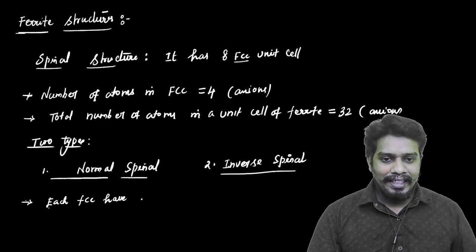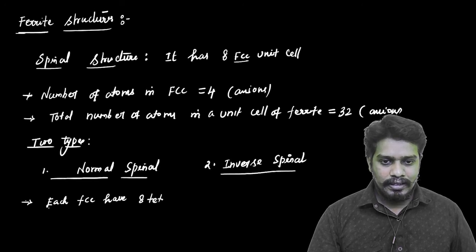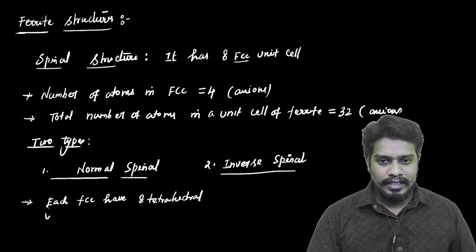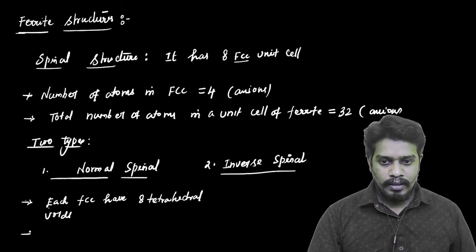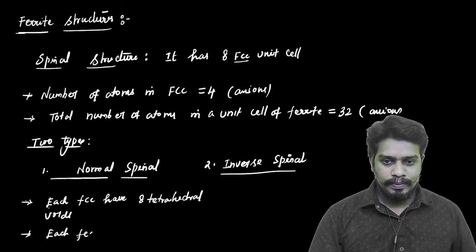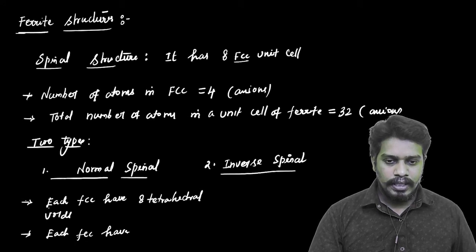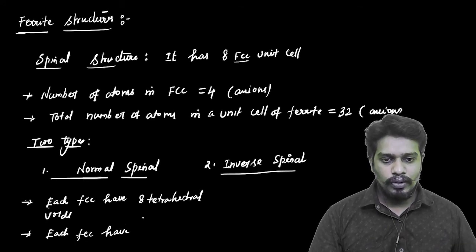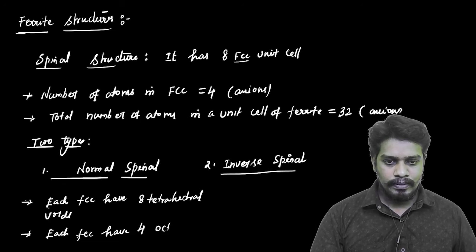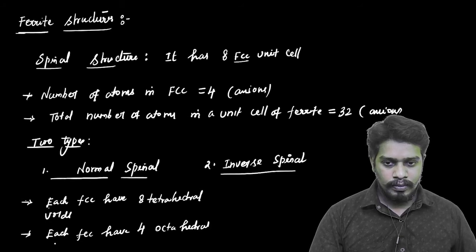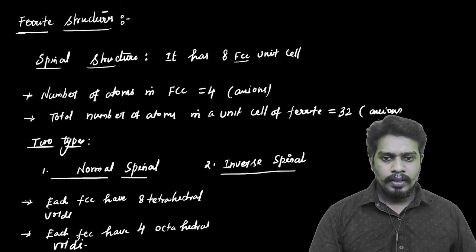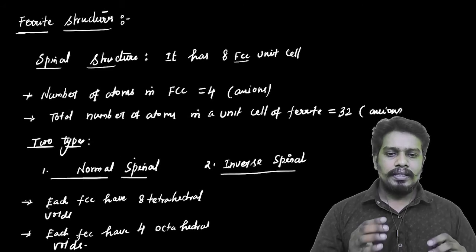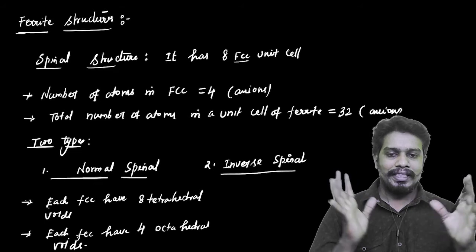Each FCC has eight tetrahedral voids, and in the same manner, each FCC structure has four octahedral voids.